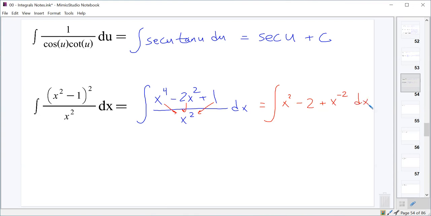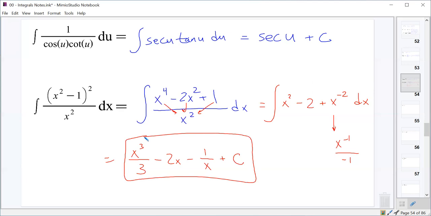And so now if we look at that, it is simply a power rule integral. x squared will turn into x to the third over 3. The minus 2 will just become minus 2x. And the x to the negative 2 will go up to x to the negative 1, and we'll divide it by negative 1. So really, we've got a negative 1 over x when we drop that x to the denominator. So minus 1 over x plus a constant.